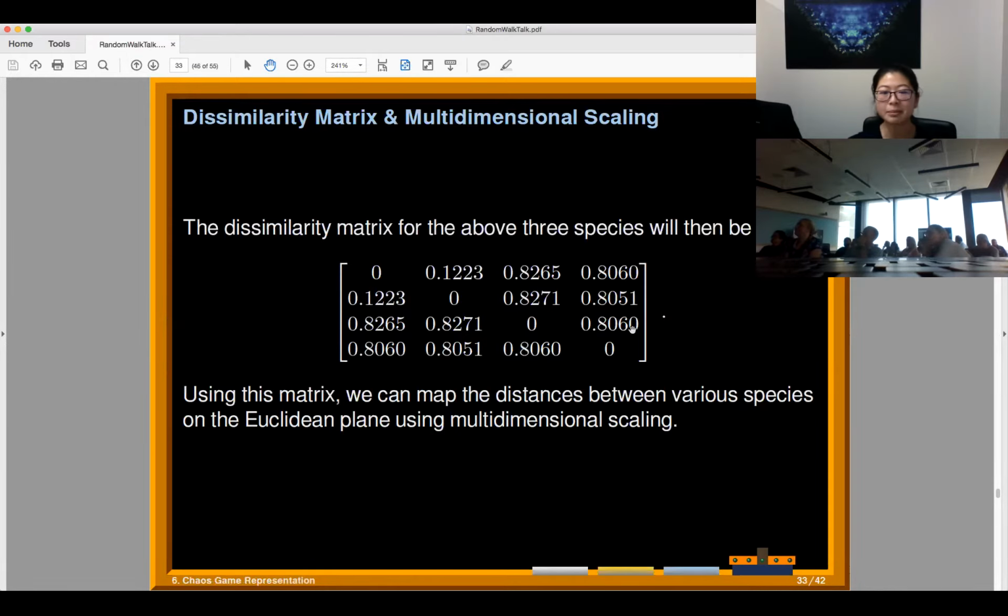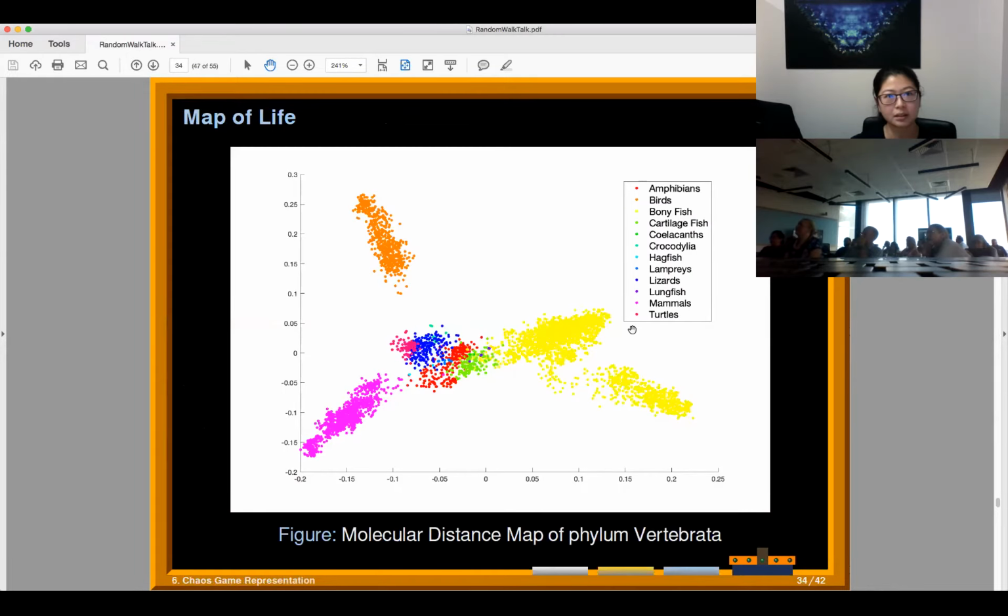Then we can map these distances on a Euclidean plane. In this image, I have plotted around 700 species and took the distance between them. One thing that I wanted to point out is these 3 points over here. These points are purple, which represents lungfish. Whenever you think of fish, you don't think that they have lungs, but apparently there are at least 3 species known where fish have lungs.